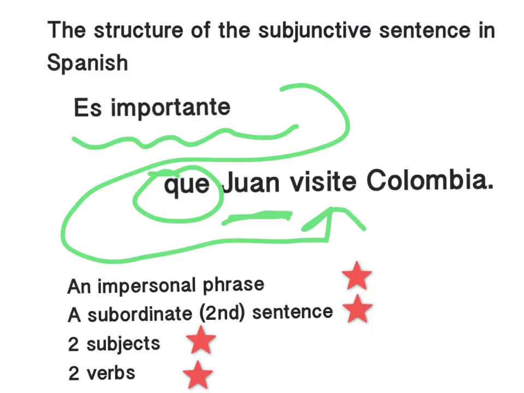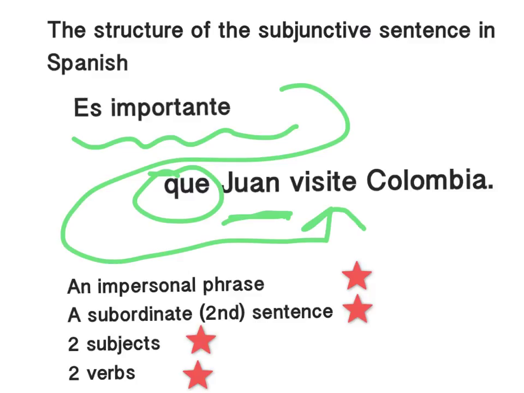So in this type of sentence, you need an impersonal phrase with an implied subject, okay? A subordinate sentence or subordinate clause, which is the second sentence. You need two subjects, one that is implied, not clear, in the impersonal phrase, and another in the subordinate sentence, and you need two verbs. And remember, you also need the particle que to unite both sentences, okay?